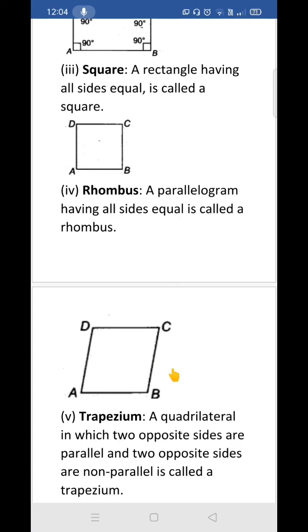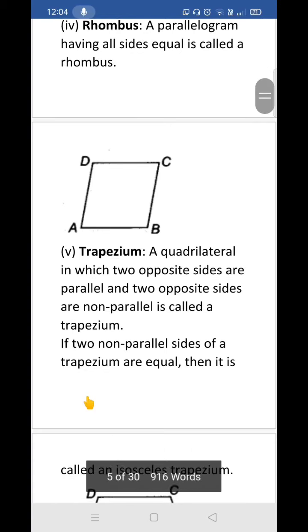Along with that, all the sides AB, BC, CD and AD are equal to one another, but the angles are not equal to 90 degrees here.